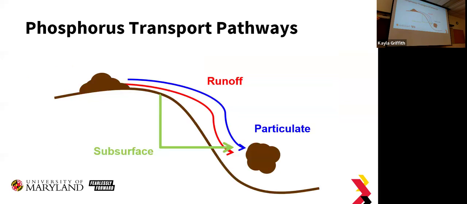So we have three major transport pathways, and if you go out of Maryland, one of them usually falls off, all right? So we've got particulate phosphorus loss, we've got runoff or dissolved P losses, and then we've got this subsurface route, okay? We're gonna go through all of these. Again, nuanced, but they're important and they're different.